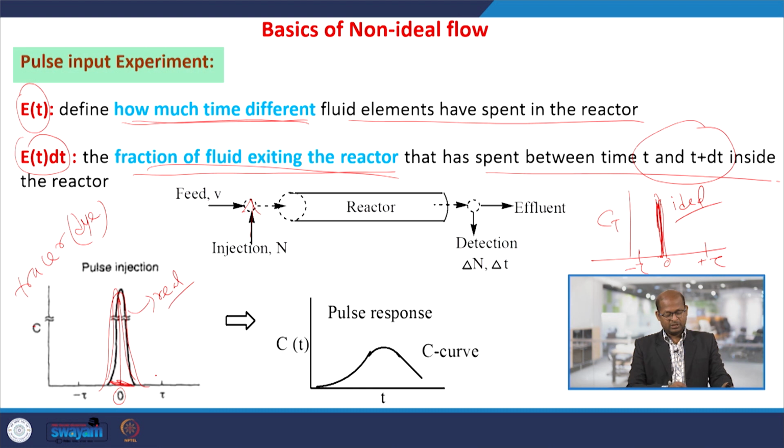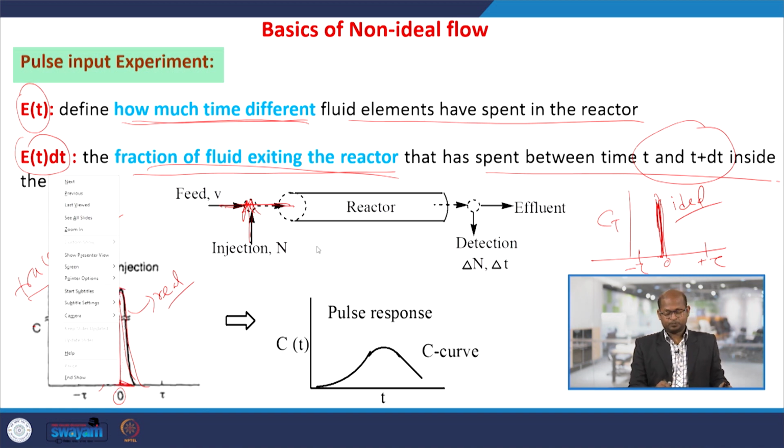So, there is a sudden jump in the concentration of the tracer injected into the reactor. Initially there was no tracer, it was 0, and then it suddenly jumped when the tracer was injected.